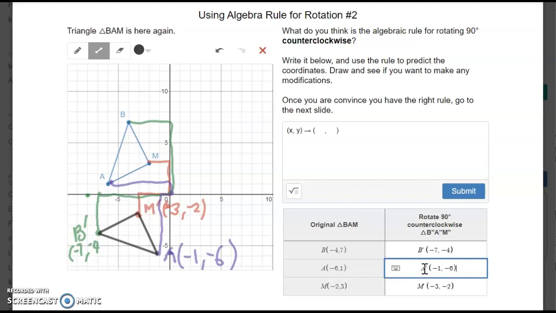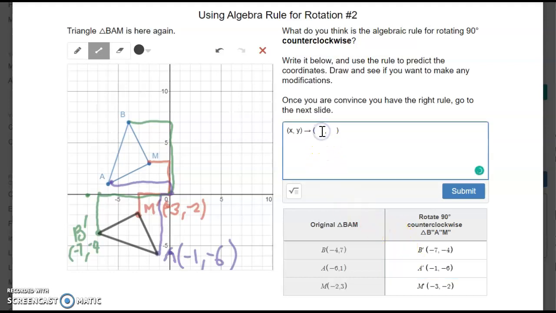How did the numbers change here? 7, -4 became -7, -4, and 6, 1 became -1, -6. So the x and y got swapped, didn't they? I can write here that x and y got swapped first of all. So x became y, and y became x. What else?